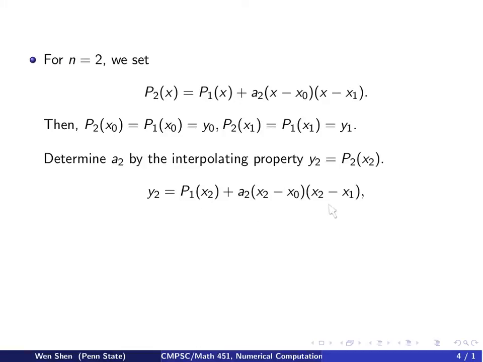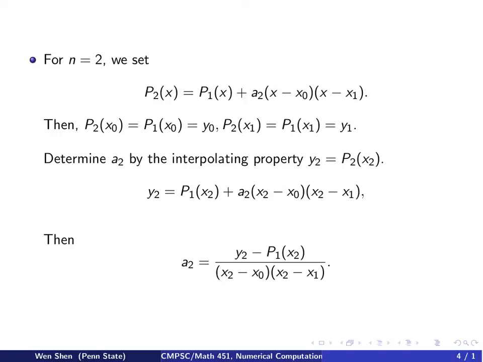So this is p2, where we put x into x2. So that equals y2, and in here a2 is the only unknown, and we can solve for it by moving all the terms to the other side of the equation.